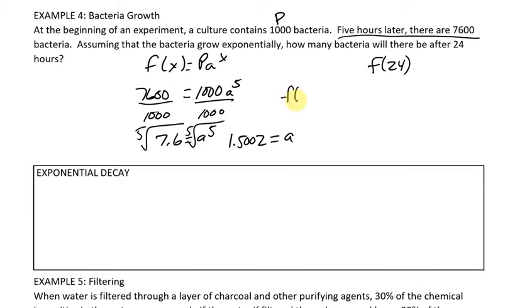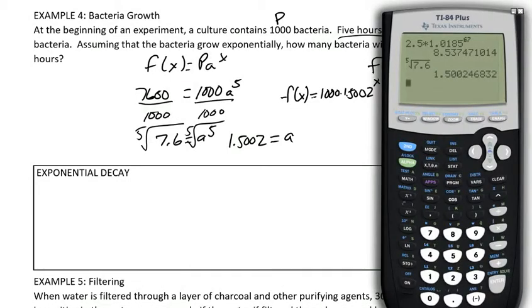Now I can plug 24 into that function and see what I get. So it'll be 1000 times 1.5002 to the 24th power, and that gives me well over 17,381,000, and it was about 145.